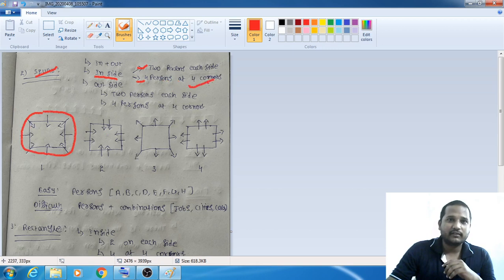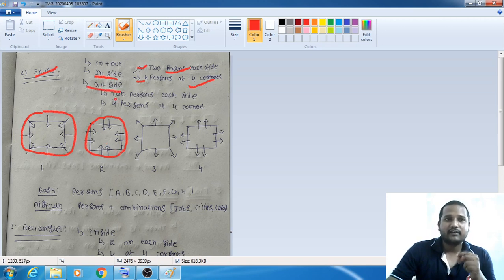So the first image belongs to four persons sitting at four corners if all are facing inside in a square sitting arrangement. The second one is two persons on each side of the square table. So the second image belongs to two persons sitting on each side of the table in a square if all are facing inside. This is everything about inside in square sitting arrangement.